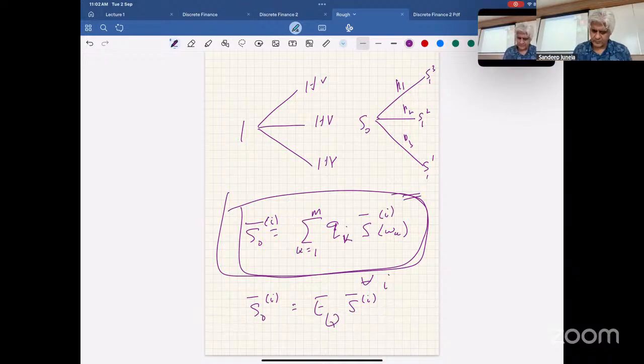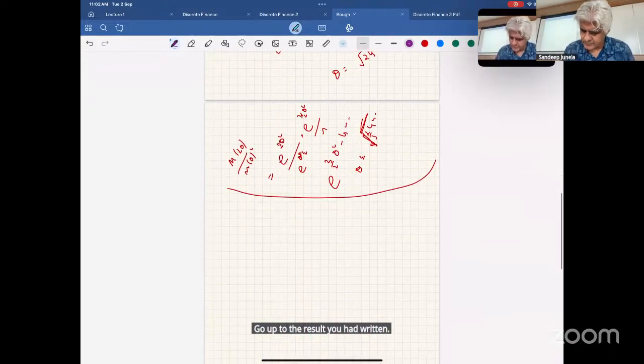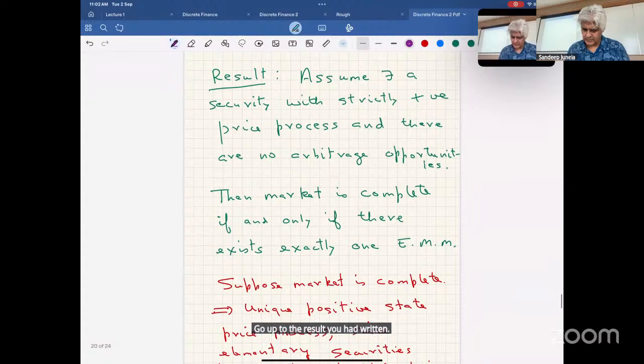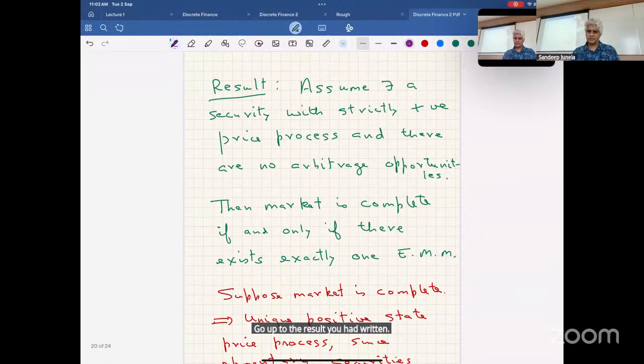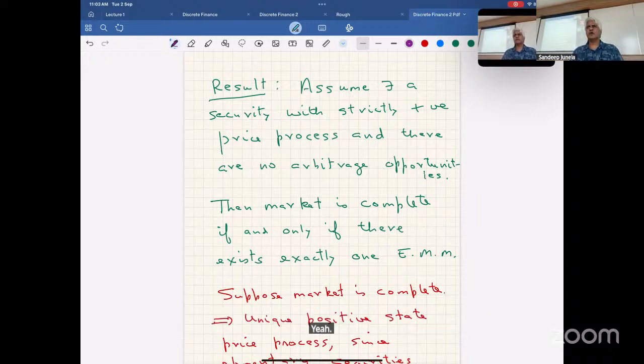Go up to the result you had written. When you say suppose the market is complete, how does that immediately imply uniqueness of positive state prices? Because you assume no arbitrage, so state prices exist.